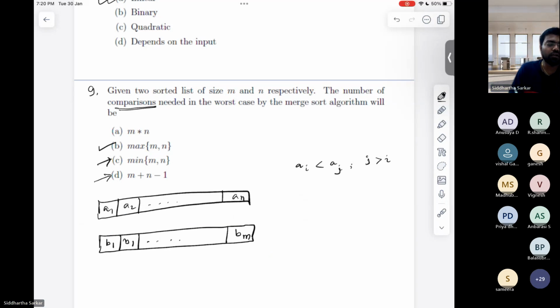So how about 1 and 5? This is one array, two elements, n is equal to 2, and this is the other array.